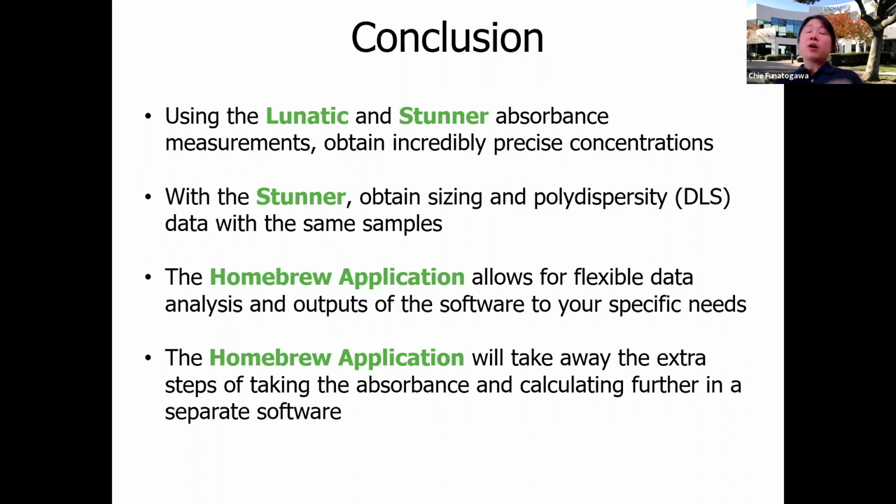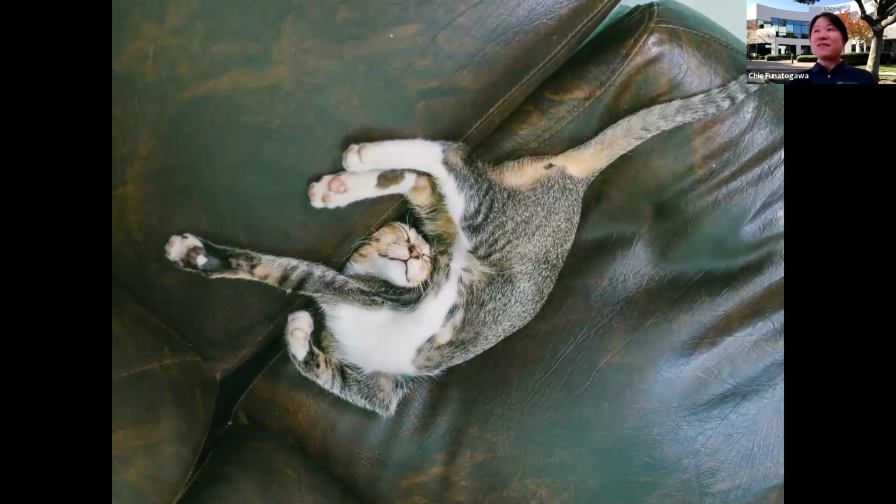And so with the Homebrew application, it can really take away that extra step of taking absorbance measurements and then calculating it further in a separate software. It does that all in this one software. You don't have to walk around and do additional calculations or exporting later and then calculating it later, because we know that flexibility can really be comfortable.